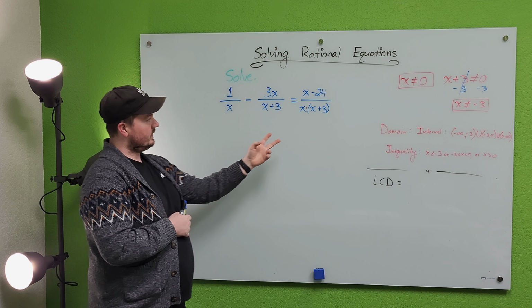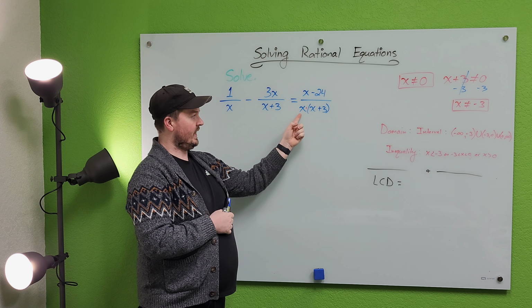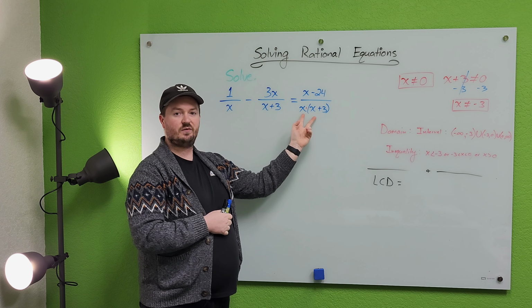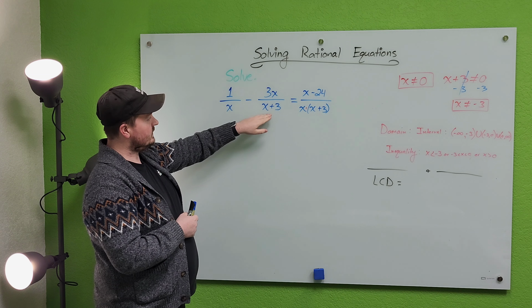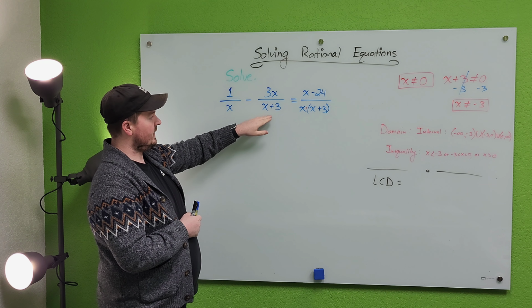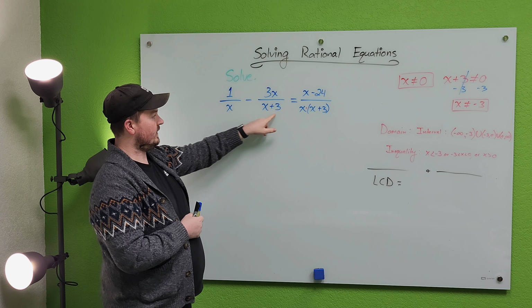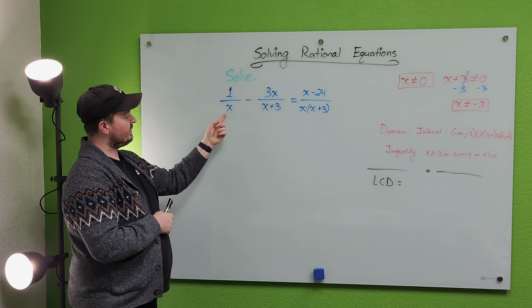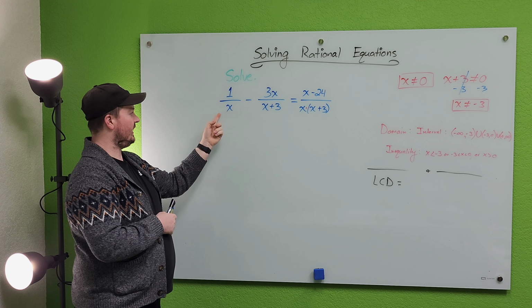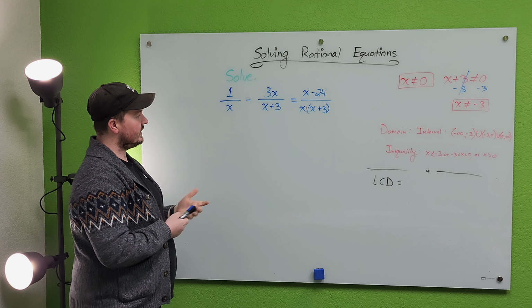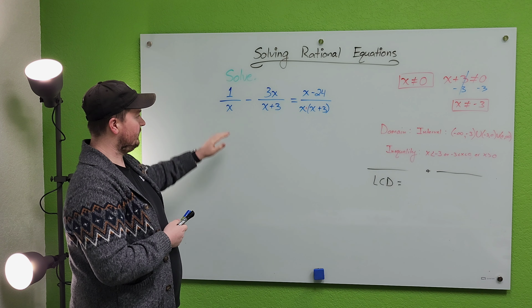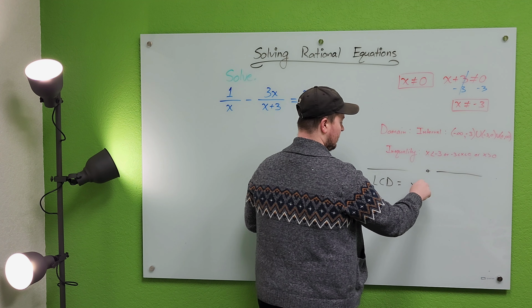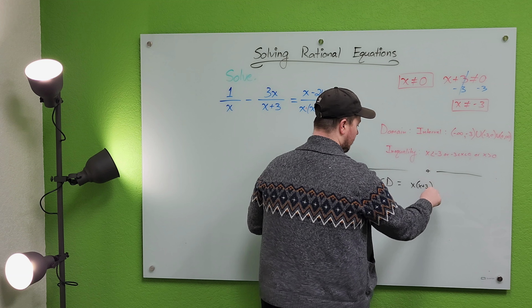So you see here, in this denominator, we have an x being multiplied and we have an x plus 3 being multiplied. We have two factors. In this denominator, we do not have an x by itself, but we do have an x plus 3. In this denominator, we have an x, but we do not have an x plus 3. But it looks like everything that we're using to build all three denominators consists of simply x and x plus 3.